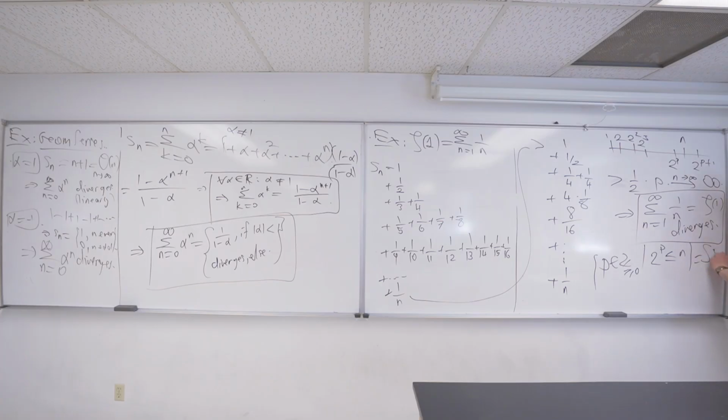Say S of n. That's a set that depends on n. Okay? It's a set of all those integers p such that 2 to the p is less than or equal to n. It's a bounded set. By the well-ordering axiom, it has a max, which is an integer.